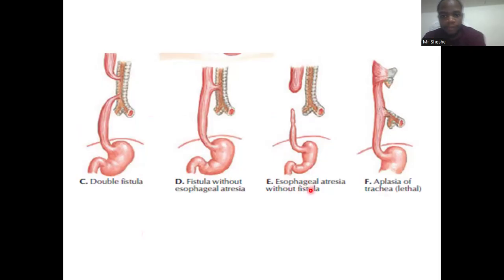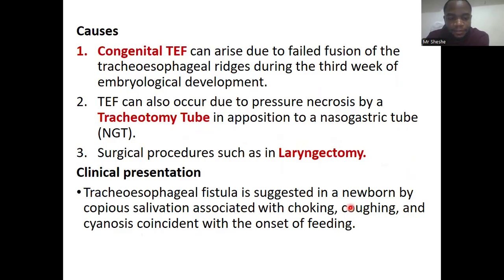Then we have another defect here where there's esophageal atresia but no fistula. This is a complete esophageal atresia, where there's no communication between the upper and lower part of the esophagus. So food content, when eaten, will not reach the stomach. All right. Now, these are the causes. So, clinical presentation: how will you know this?